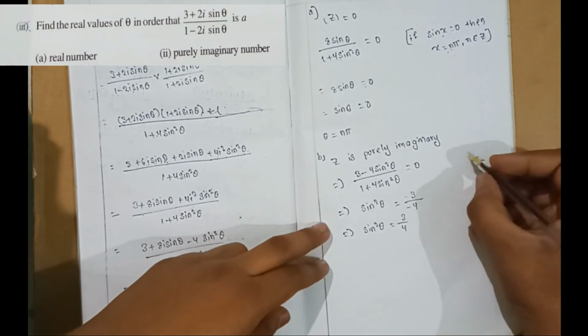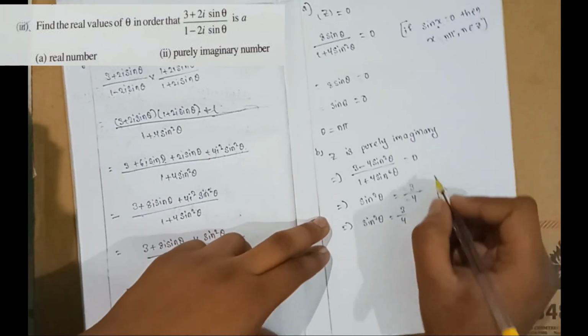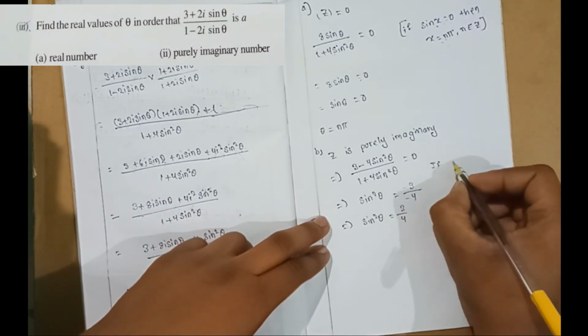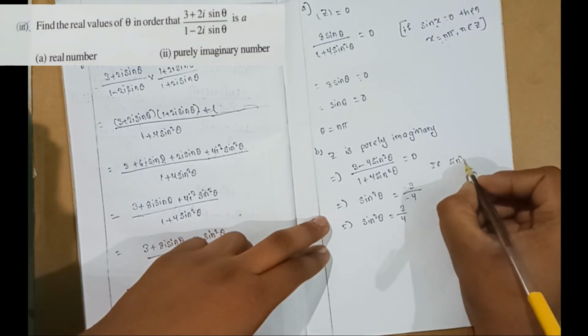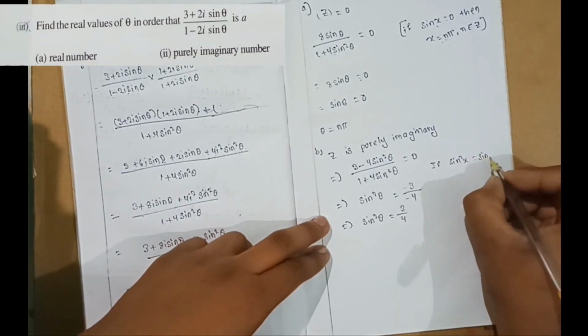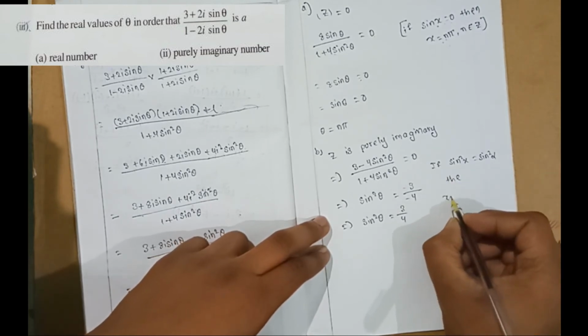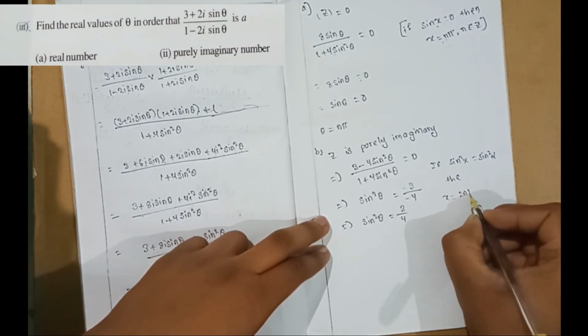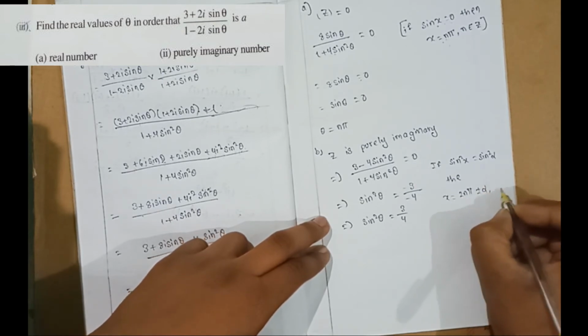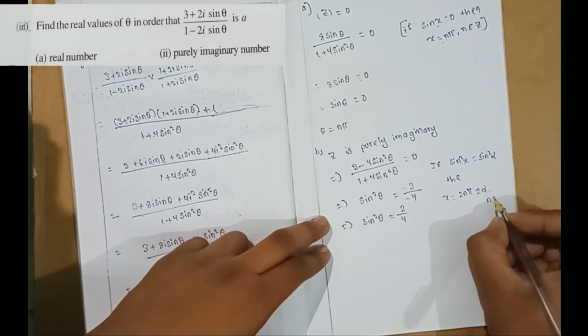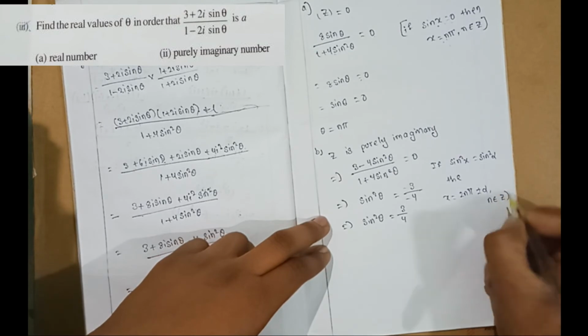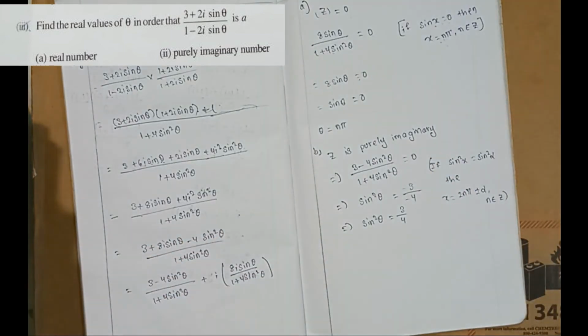Here also one condition is there. If sine square x equal to sine square alpha, then x equal to 2n pi plus or minus alpha, where n belongs to integers.